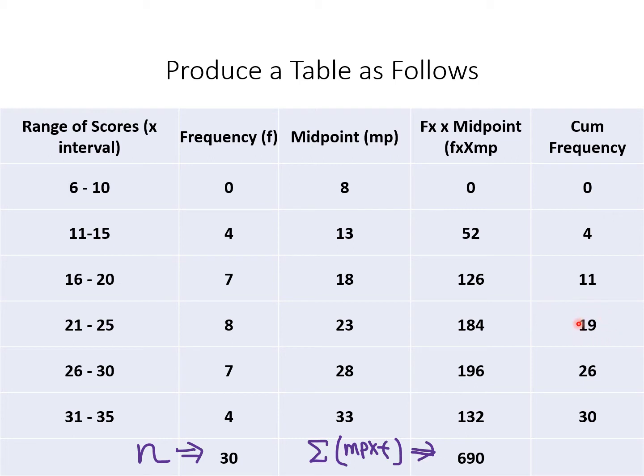This one here, how do we get that? It's 11 plus 8, giving you 19. 19 plus 7 will give you 26. And 26 plus the 4 that are grouped between 31 and 35 will give you 30.